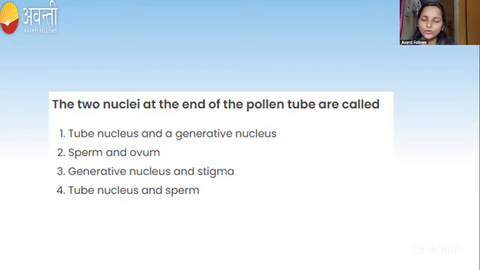Which is the tube nucleus here? Is the generative cell acting as a tube nucleus, or the vegetative cell? Yeah, the vegetative cell is going to act as a tube nucleus.